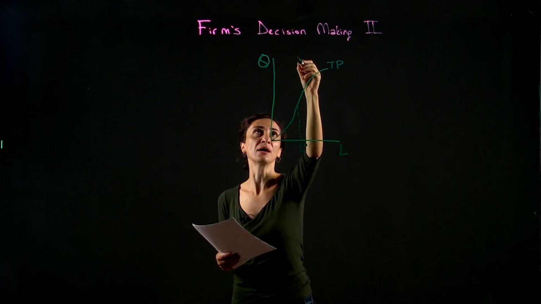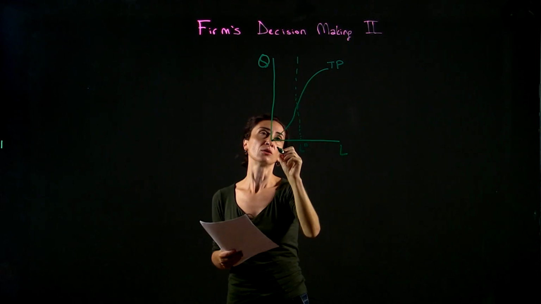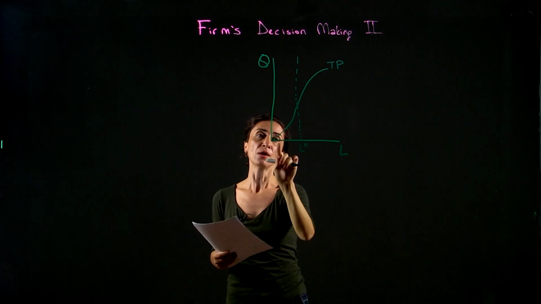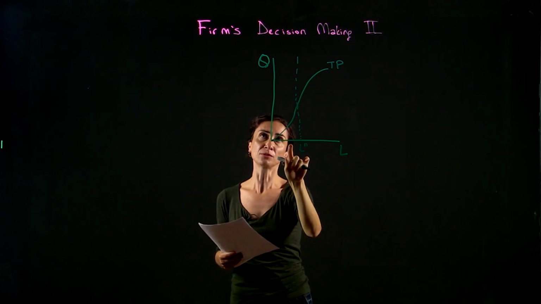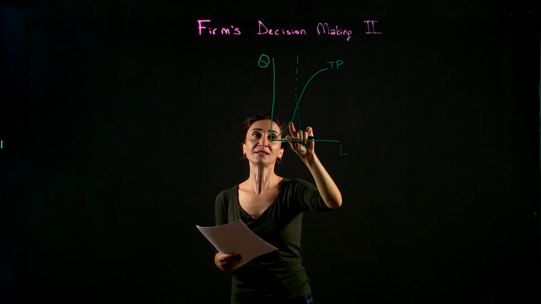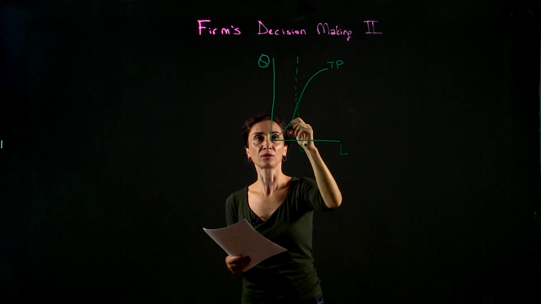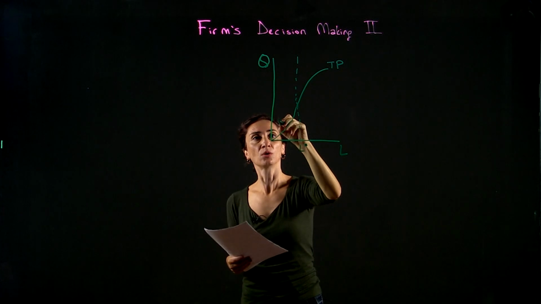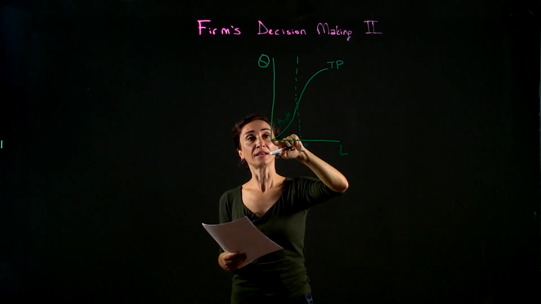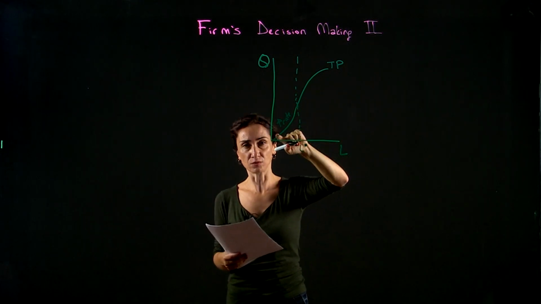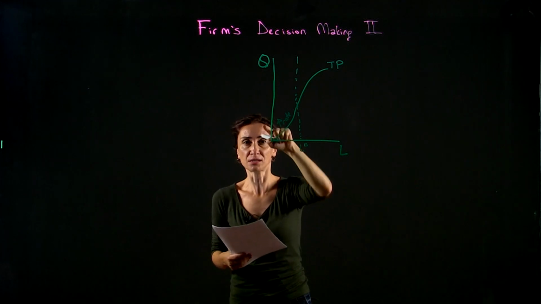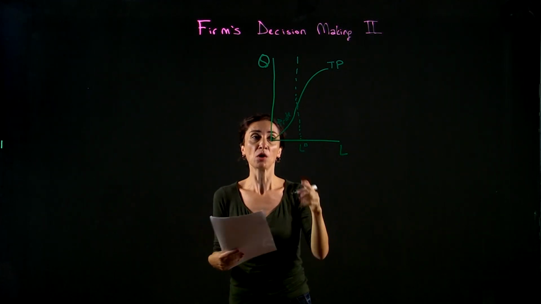In this part of the total product curve, when I increase labor, total output increases at an increasing rate. Okay? So this curve has a positive slope, meaning when I increase labor, output increases. That is the meaning of positive slope.